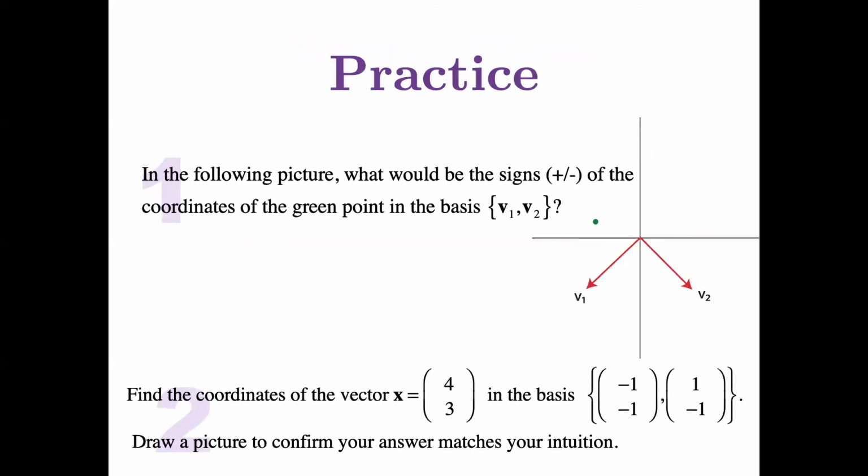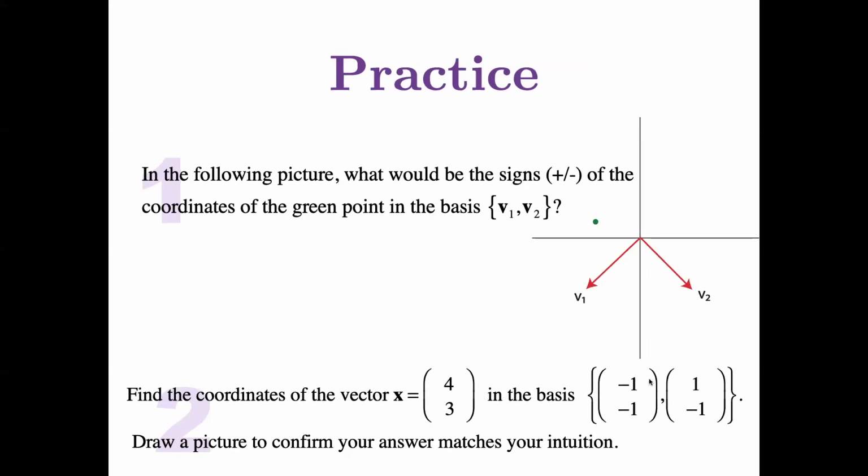So let's see if we can get some practice here. The first question asks, using this picture here, if I were to use these red vectors as my basis directions, what would be the signs of the coordinates of this green point?